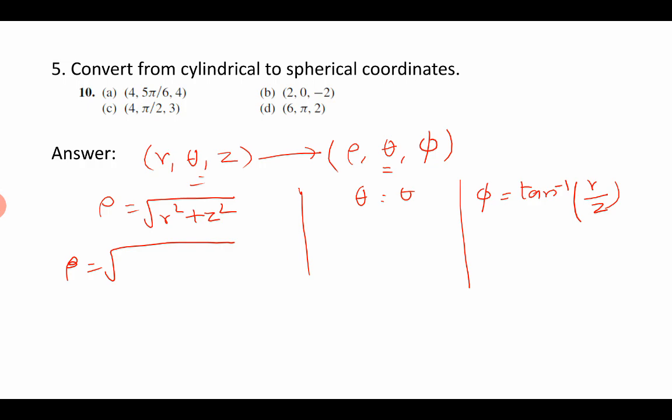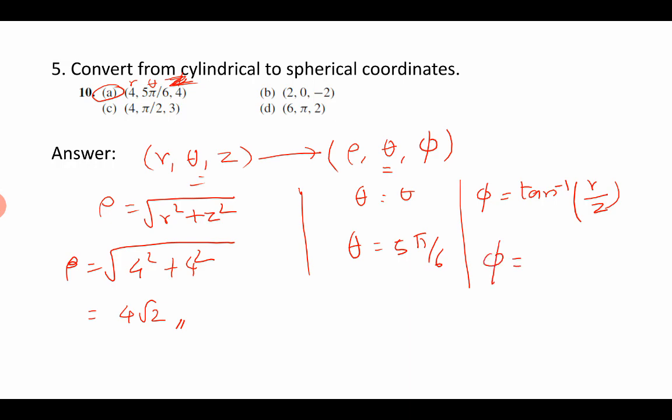Let's choose A. It's looking good. Okay. Theta has no change. This is given as r, theta and z. Okay, r, theta and z. So z is 4, r is 4, so 4 squared plus 4 squared. You can simplify and you can get the answer as 4 root 2. Theta has no change in both the coordinate systems, so it is 5 pi over 6.